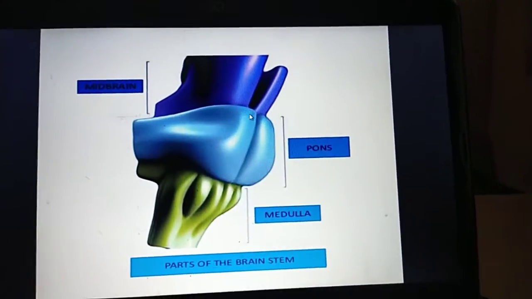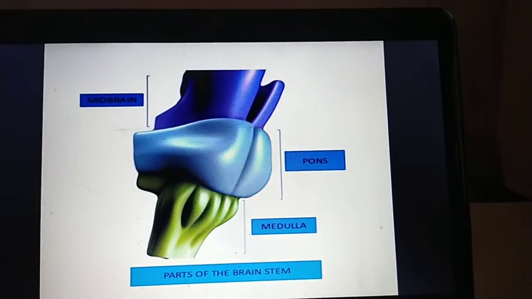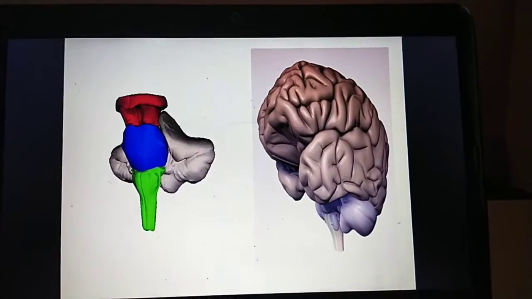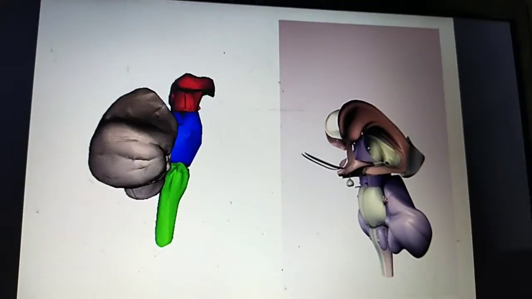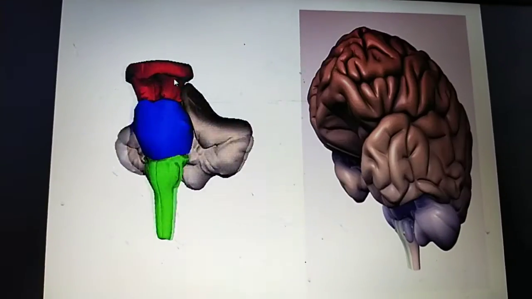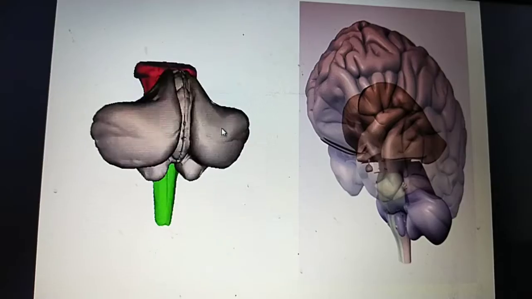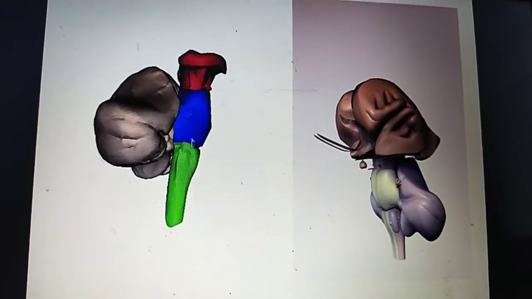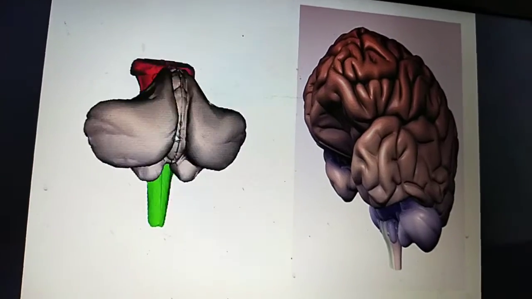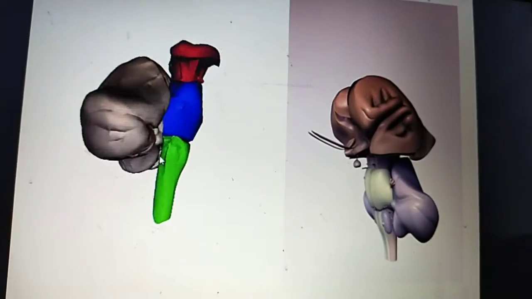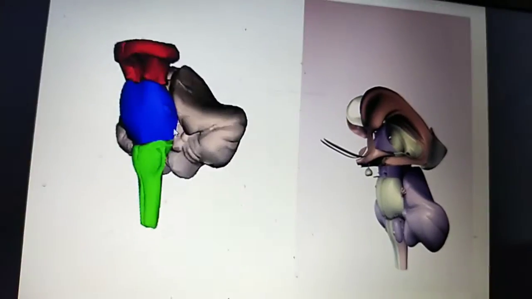These are the three main parts of the brain stem. You can see the midbrain, the middle one is the pons, this is the medulla oblongata, and this is the cerebellum.